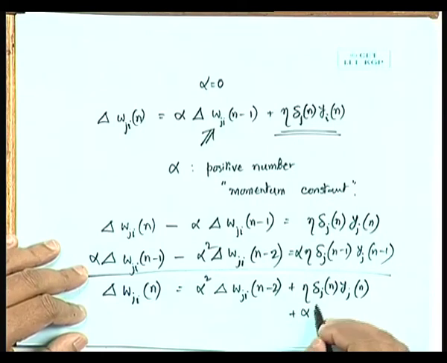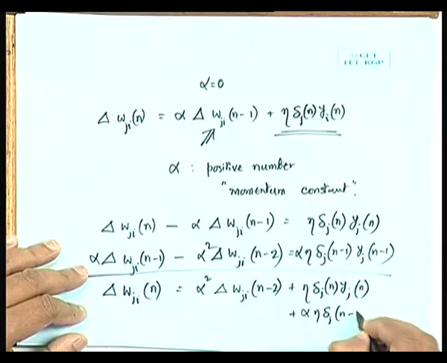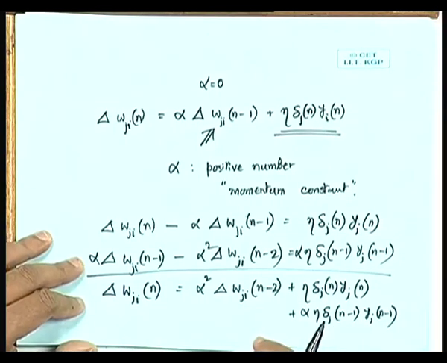I'll tell you here what you are getting is alpha eta delta j(n minus 1) yj(n minus 1). So, you see that this is for two terms that I have got. That means to say that if I had got this for three terms, then what would have been the case?